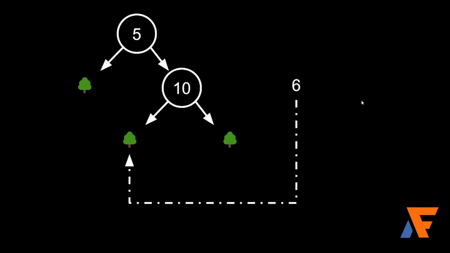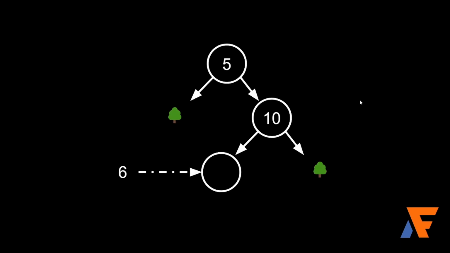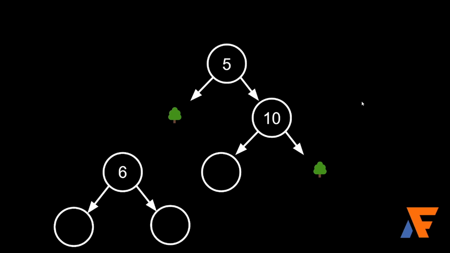So again, we look at this current root node, and we see that our new element is smaller than it, so we're going to put it on the left. Now, at last, we've come to our base case. We see an empty tree and we know exactly what to do. We build a new node for our new item.